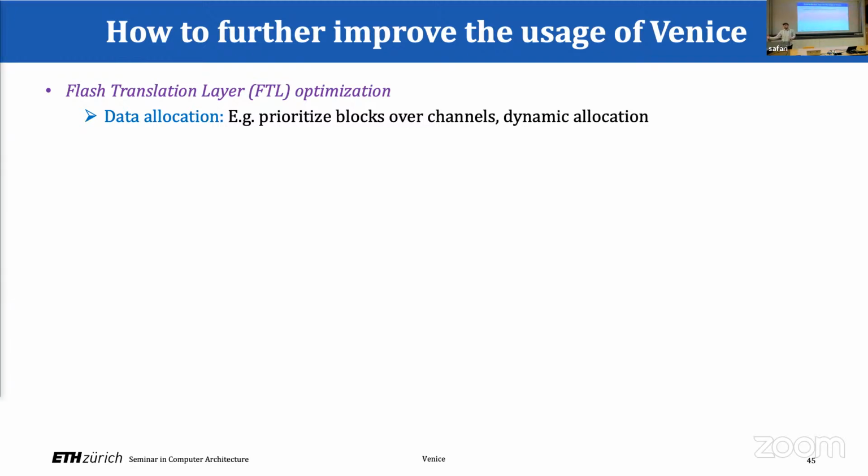Since we have more paths, we don't have to look as strictly at where the data actually has to reside, because we have multiple paths which can lead to a flash node. So we can look at maybe some dynamic allocation algorithms, or prioritize blocks over channels which can operate independently, which also could lead to some benefits.